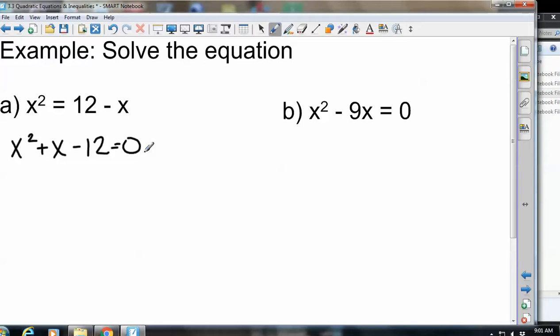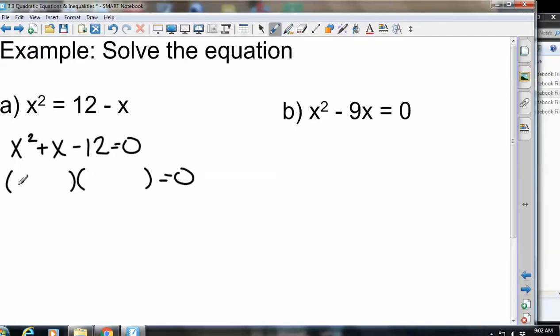Alright, so then what do I need to do to solve this? Box method. We need to factor it. So it is a 1x squared, so we can do our shortcut factor.